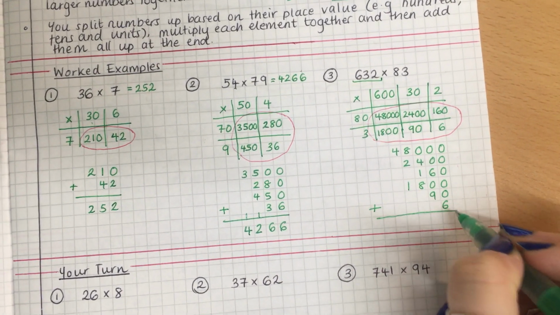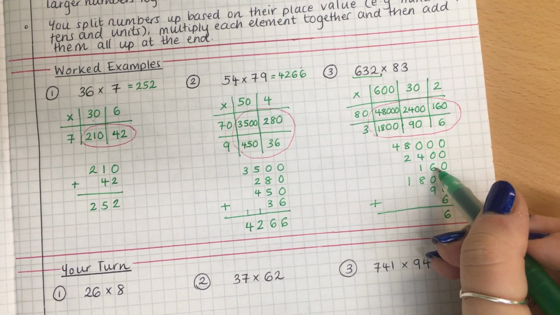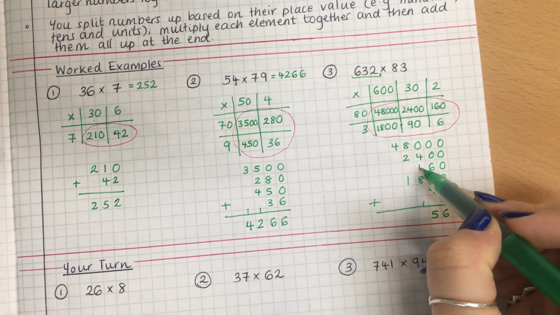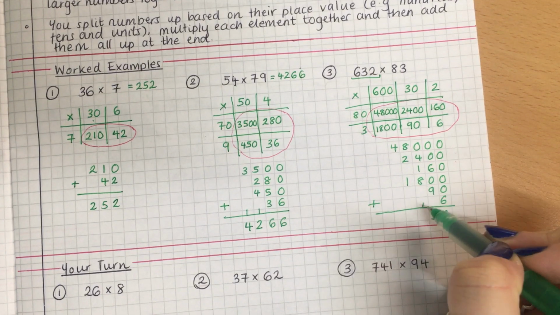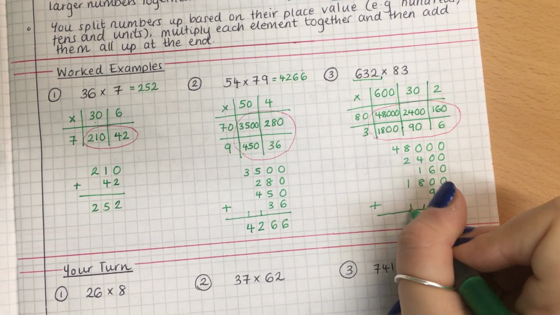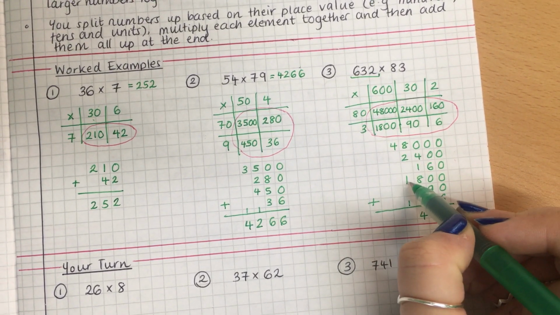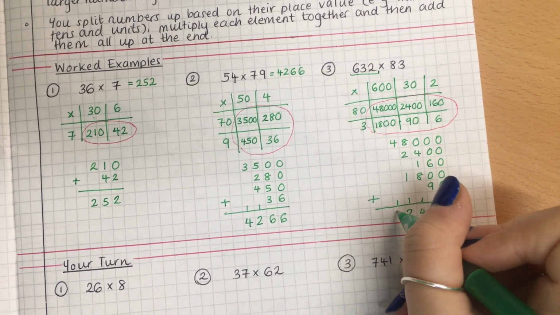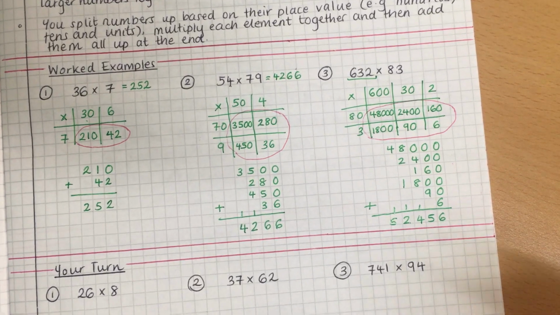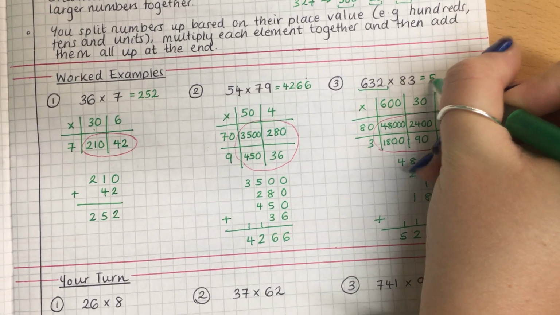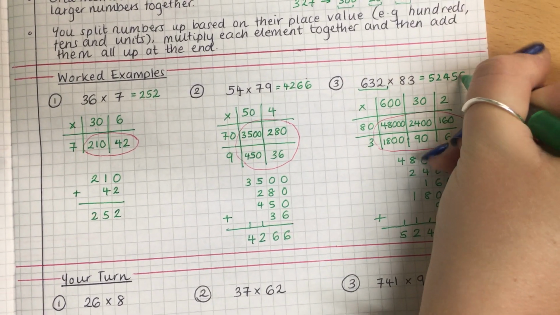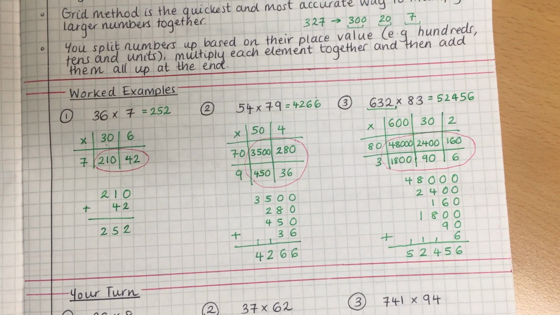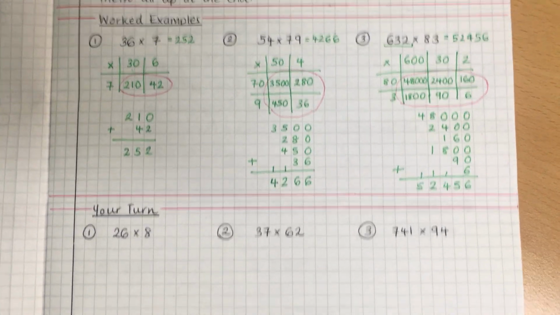So these added together, 6 is 6. 6 add nothing, add 9 is 15, carry the 1. 4 add 1 is 5, add 8 is 13, add 1 is 14, carry the 1. 8 add 2 is 10, add 1 is 11, add 1 is 12, carry the 1, and 4 add 1 is 5. So our final answer there is 52,456. So make sure you've got those written down and then have a go at these your turn questions.